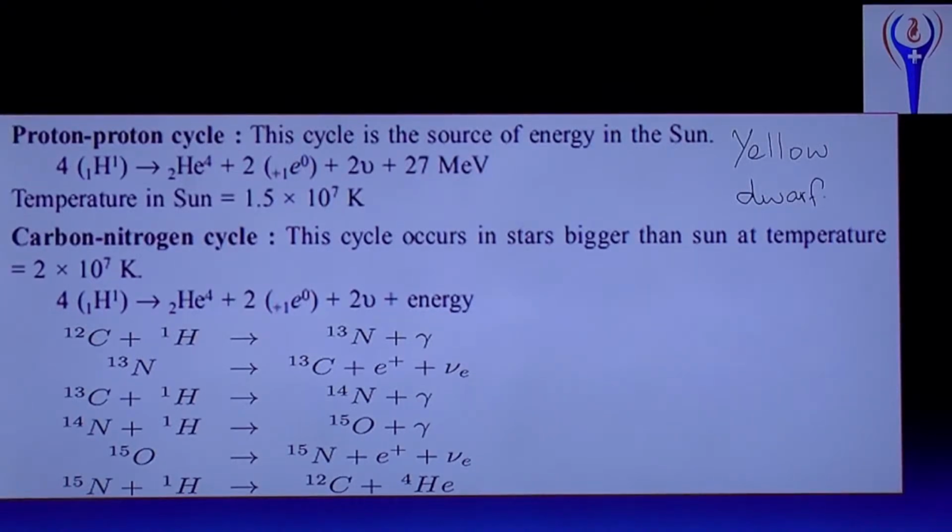Yellow means color, and color depends on temperature, and dwarf means small, tiny. So the sun is very small, and most of the stars are much bigger. For such a star, the proton-proton cycle is not happening, the carbon-nitrogen cycle is occurring. That is, carbon with proton gives nitrogen, like that it goes, and finally carbon with nitrogen takes place. Carbon-nitrogen cycle.